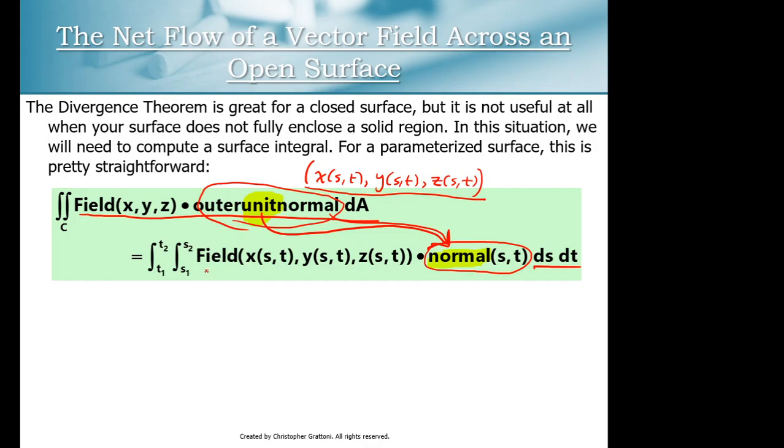It's not as bad as you might think, right? You just take your field of x, y, z, and you throw in your parameterization of x of st, y of st, z of st. You dot product that with your normal vector as a function of s and t, and then it just looks like a double integral. It's just that this double integral represents what's happening as we move over a surface.